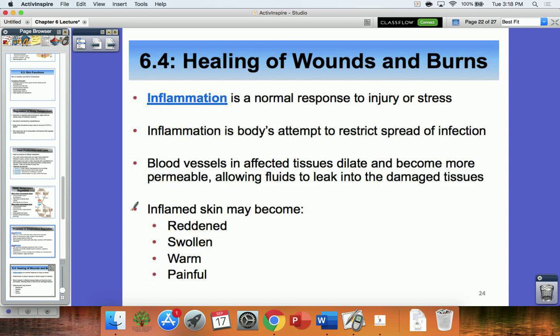And so the first thing that happens is that site is going to have some form of inflammation. When we say inflammation, we're talking about it's red, it's swollen, can be very painful. And for us, it doesn't really feel good, but all of that is in response to the body trying to fight off anything that could possibly get in.